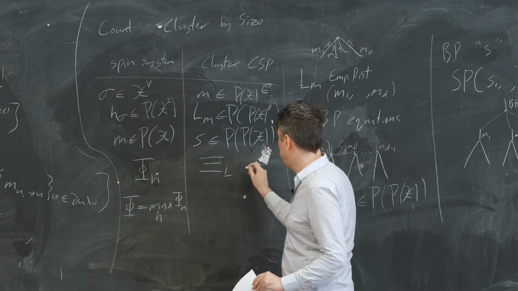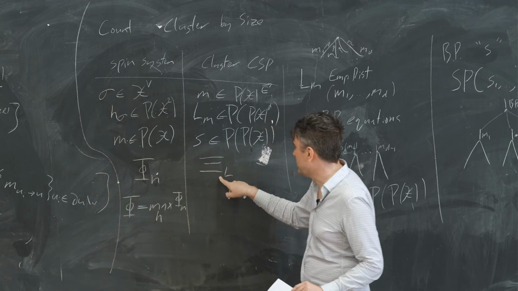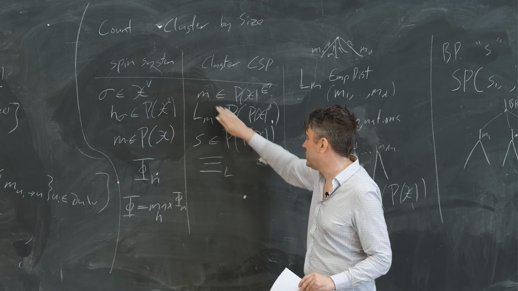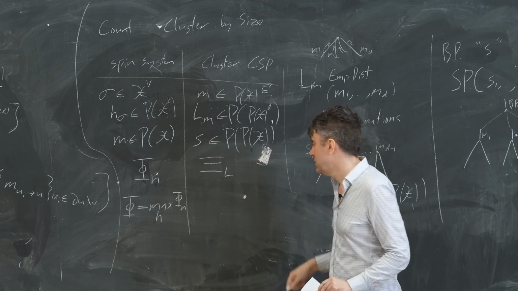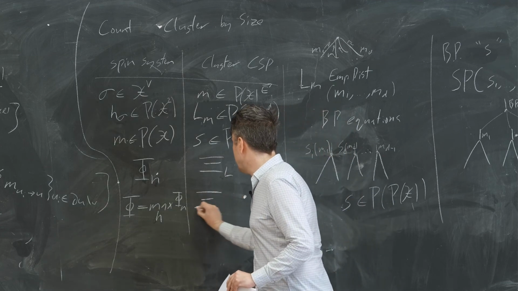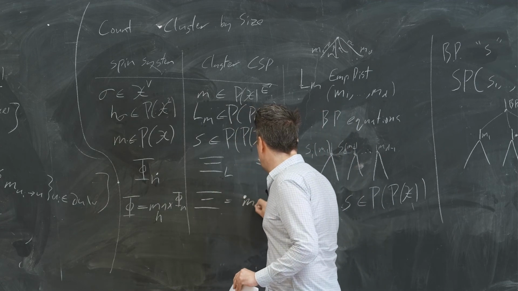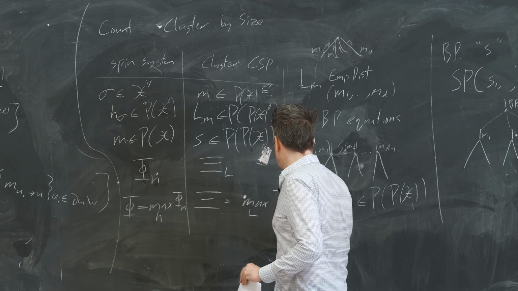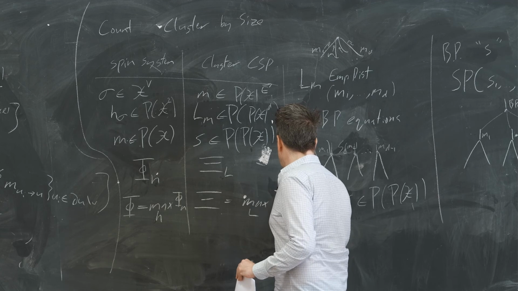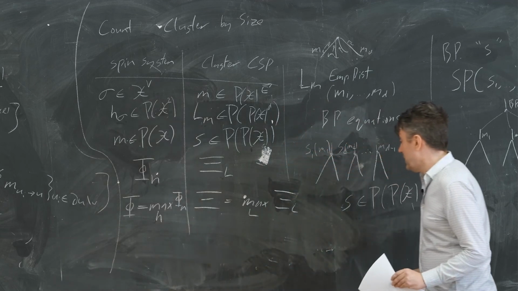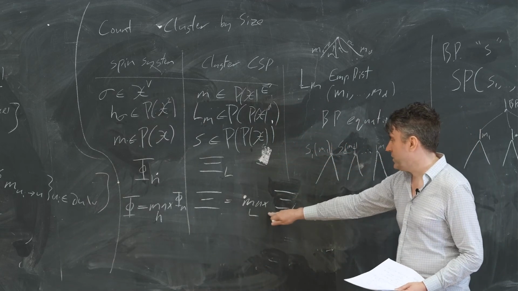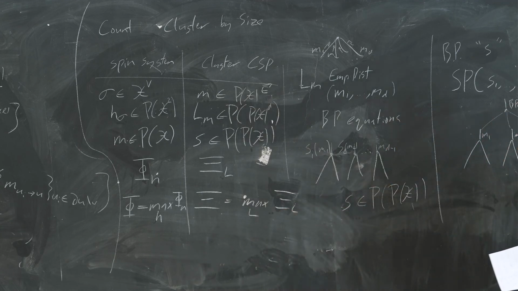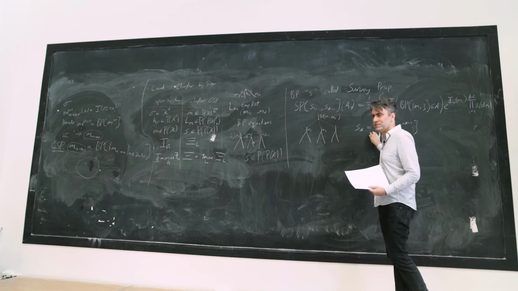We'll take psi of L as the contribution of messages that have empirical distribution L, and then take the maximum over L of chi of L, and the maximizer of this will be given by the solution of the survey propagation equations.